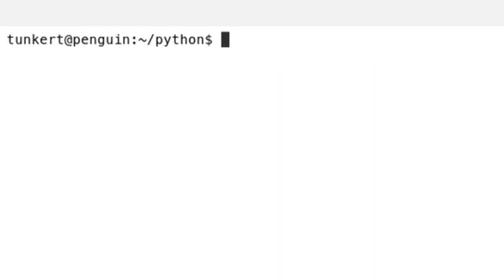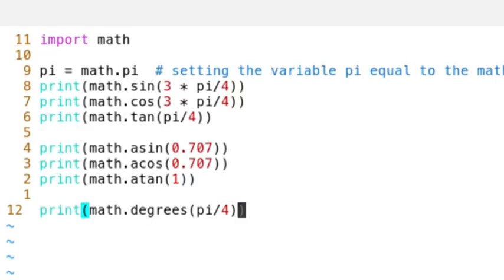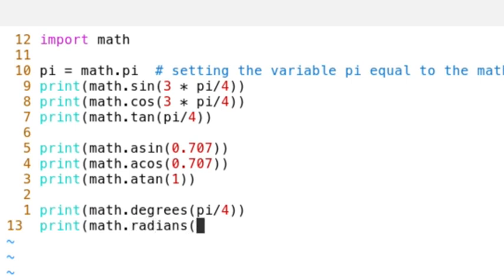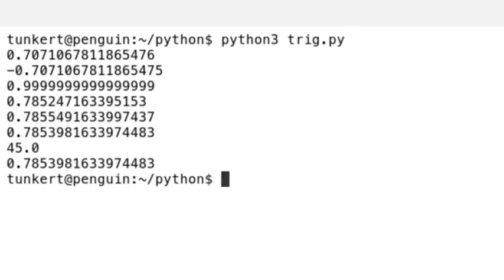So let's run this, and you see I get 45.0. Likewise, if I print math.radians and I put in 45 here, I'm going to get back this 0.7853, etc., which is pi fourth radians, the exact value of it.